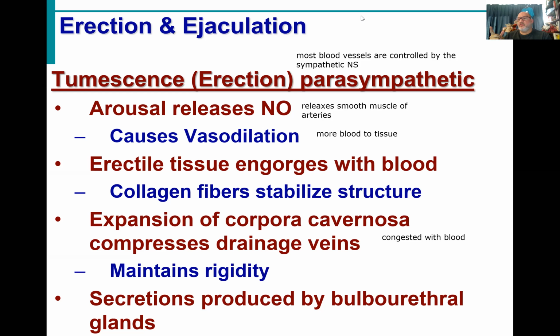All right. Now, remember, as we talked about, we also get smooth muscle contractions. And in this case, those smooth muscle contractions would take place, remember, in the ampulla of the ductus deferens.